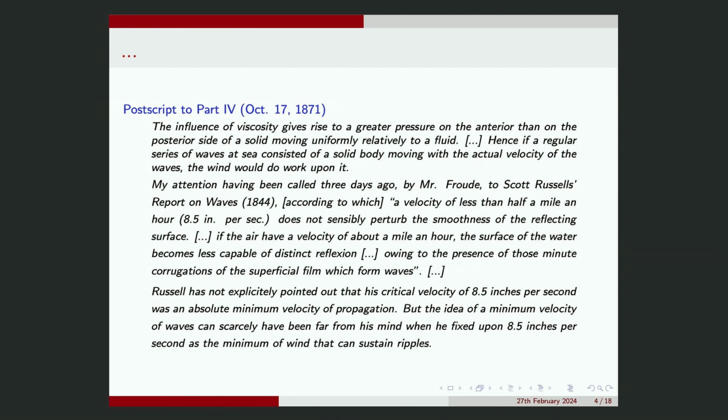If the air has a velocity of about a mile an hour, the surface of the water becomes less capable of distinct reflections; that is, small waves begin to appear, owing to the presence of those minute corrugations of the superficial film which form waves.